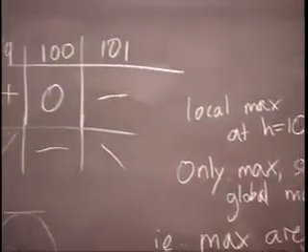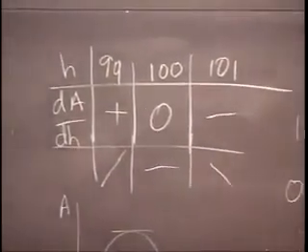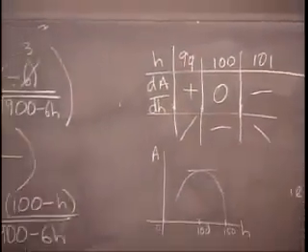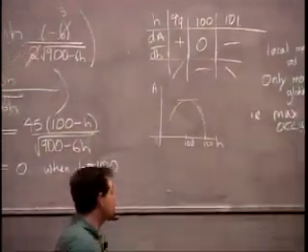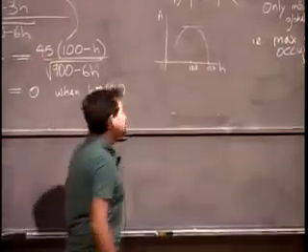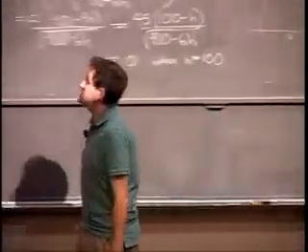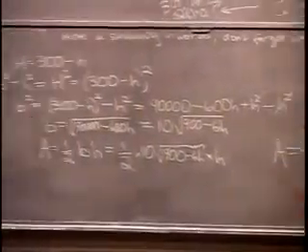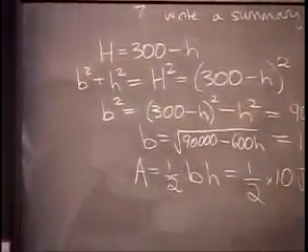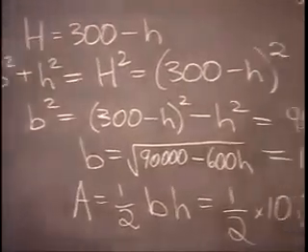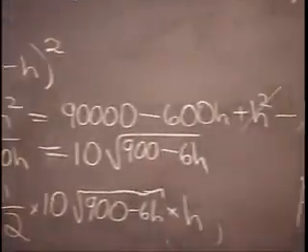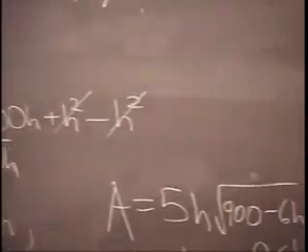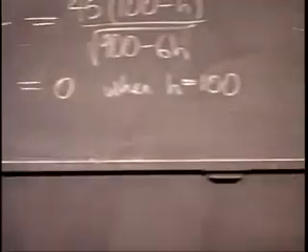To finish the problem, we ought to say what the dimensions are, because the question was what shape is the triangle, what are the dimensions of the triangle, and what is its area. So you have to go back to your original equations, which I've even erased now, although you can sort of see them all over here. So we go back to that, and we have capital H is 300 minus little h, which is 300 minus 100.